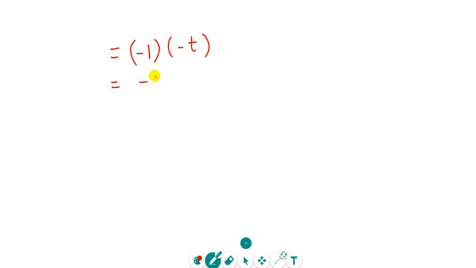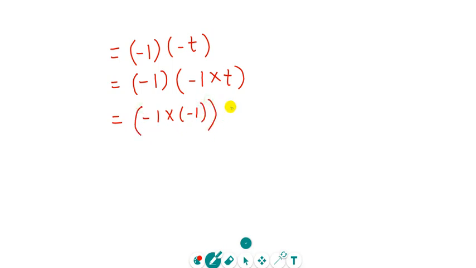Now we will also use associative property: minus 1 into t. So by associative property we can write minus 1 into minus 1, here we multiply minus 1 into minus 1, we will get plus 1, into t.